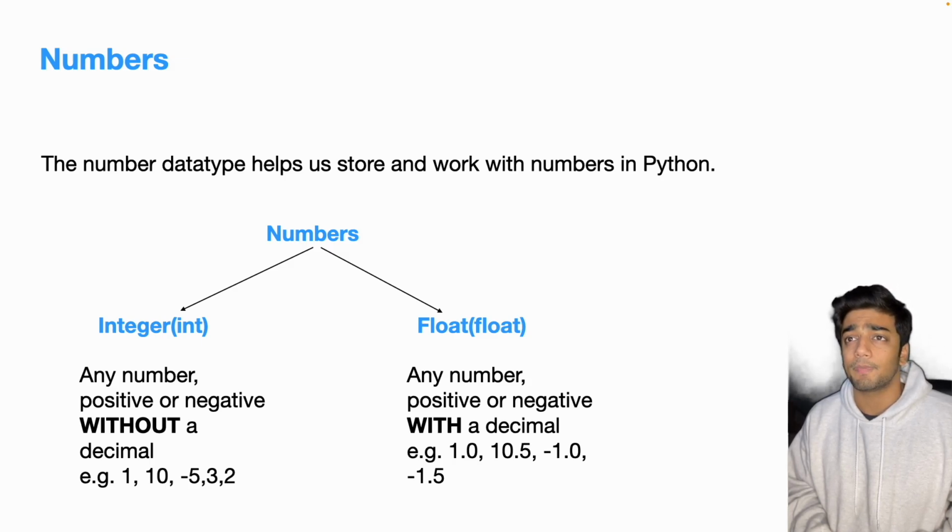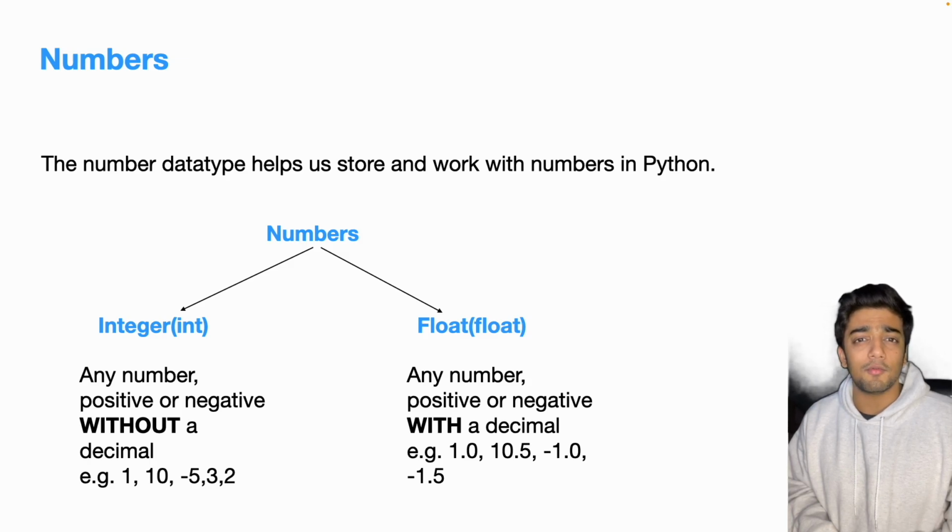a decimal. The next type of number that you could work with in Python is the float data type, or simply a float. Any number that is positive or negative with a decimal belongs to the float data type in Python. Examples of the float data type would be 1.0, 10.5, -1.0, or -1.5.